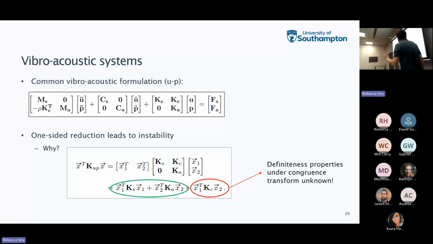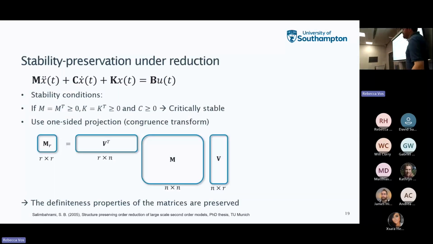The subscripts S and A are structure and acoustics, and the coupling is done via these KC matrices. That's the two-way coupling between the structure and the acoustical part. As you can see, these two matrices don't adhere to this stability condition in the slide here because they're not symmetric.